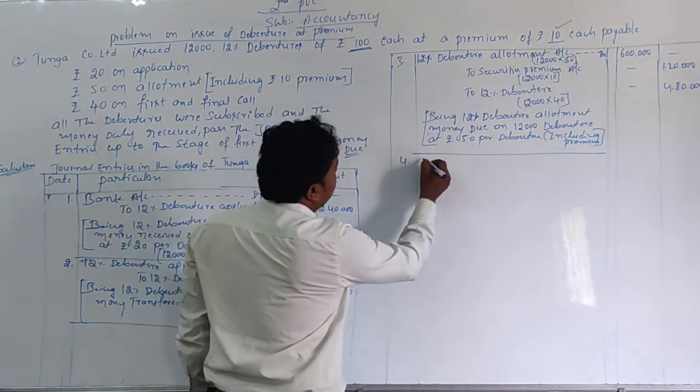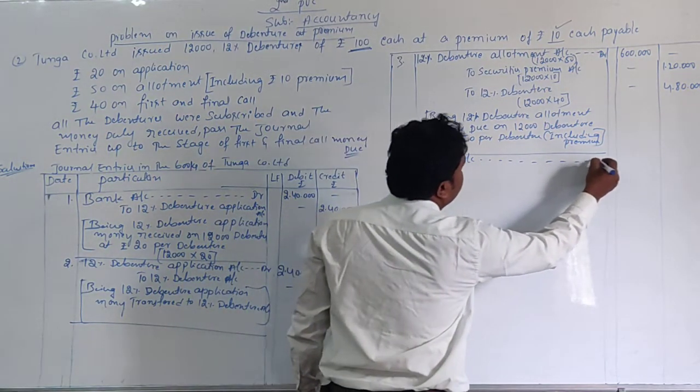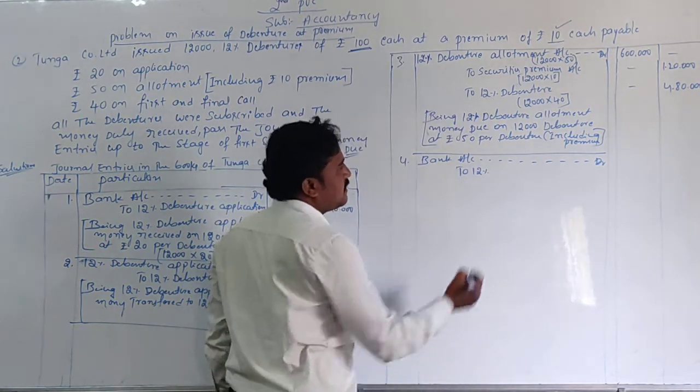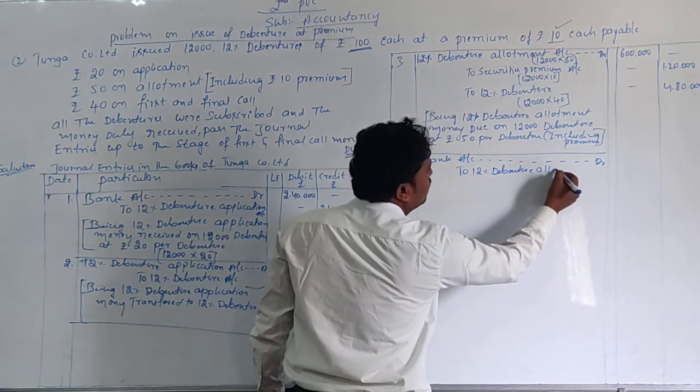Fourth one, for receive: bank account debit to 12% debenture allotment account.